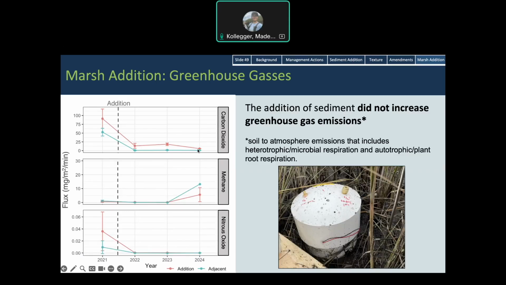We don't know if it decreased because of the addition, because the overall flux of carbon dioxide decreased in both the addition area and the adjacent area. So we can't say for sure what caused that decrease. But we don't see any significant impacts, either time or area, on methane or nitrous oxide.